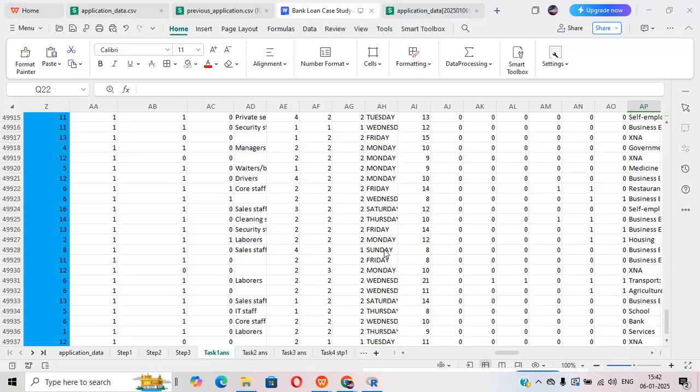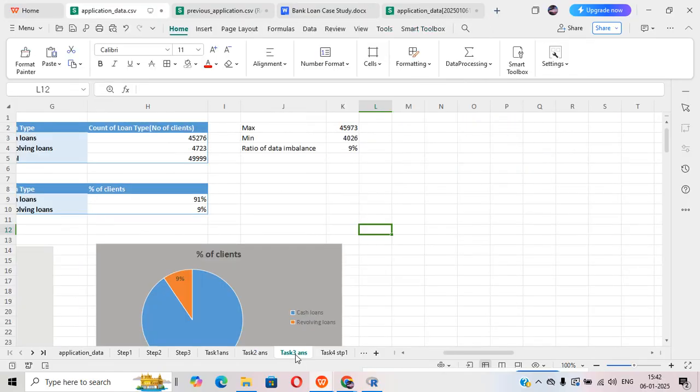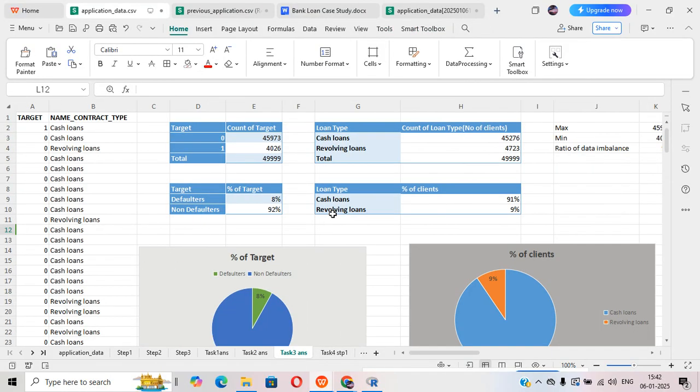This is task 3. I have taken the target and name contract type and calculated target 0 and 1 and the count of that target and the percentage for it. In the same way I have calculated the loan type and the percentage for that.